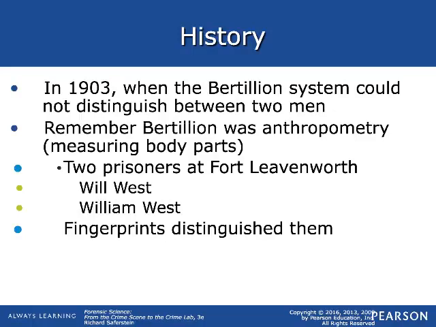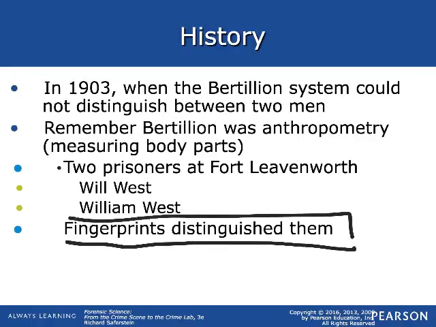So at that point in time, they decided that Bertillon's anthropometry was not super effective, so they were able to distinguish between the two men using fingerprints. So that was maybe one of the last straws of the anthropometry.